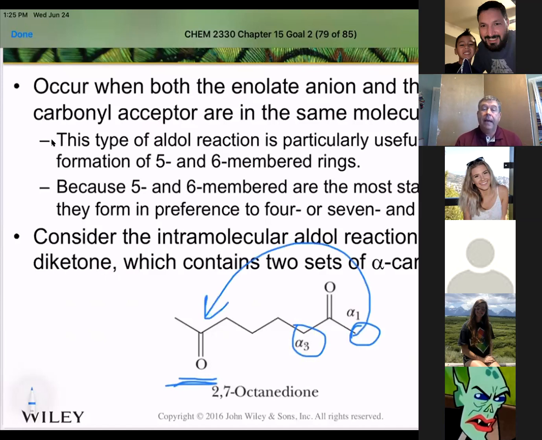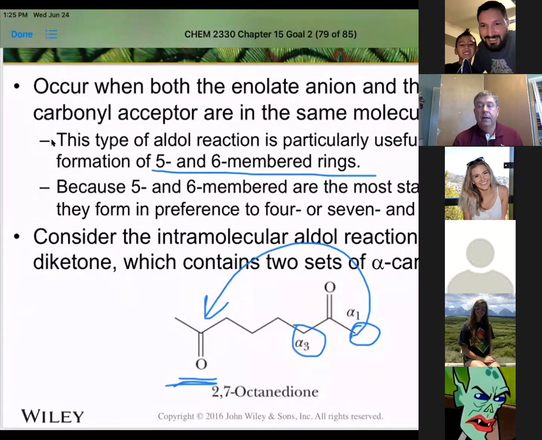This will only happen if you can form 5 or 6 membered rings. A 4-membered ring is too small, a 7-membered ring is too disordered, so it has to be a 5 or 6-membered ring to form them specifically. All right.